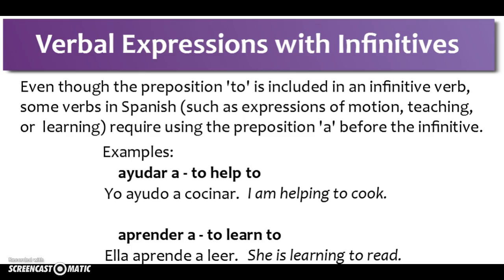As you know, the infinitive verb in Spanish already includes the English word to. So if you were doing a direct translation, you would be wanting to double pronounce that word to. In our example of ayudar a, to help to do something, specifically yo ayudo a cocinar, I am helping to cook, we're not going to pronounce that a twice.